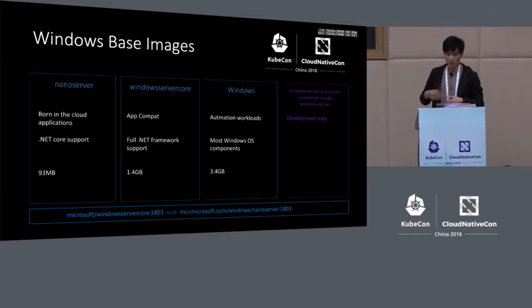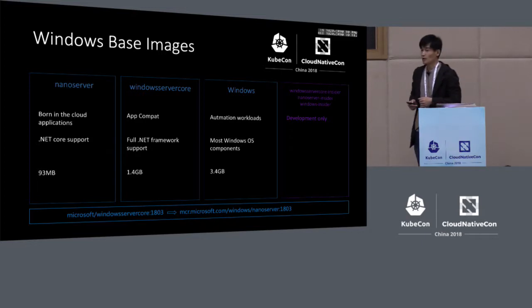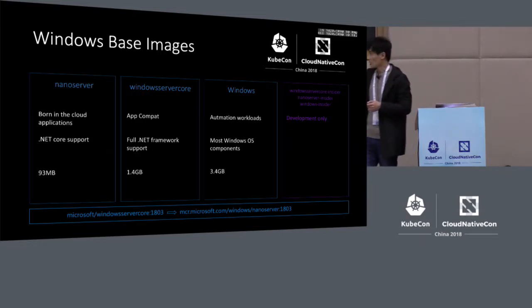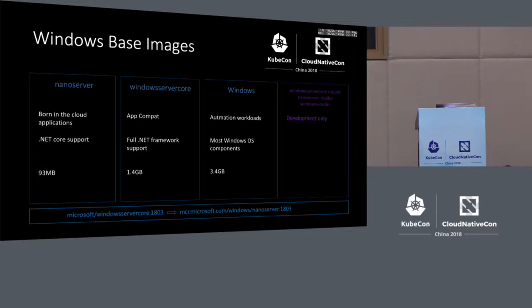For the first 3, the fourth, Windows Server Insider, needs the Insider item, so these are used for testing. These were stored on Docker Hub, but now we put them on MCR. So for the new ones, we can use MCR.